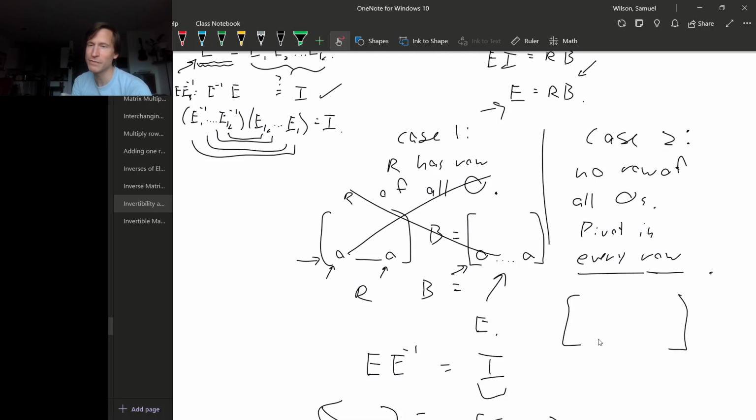If you don't have a row of all zeros, that means every row in R has a non-zero entry. But remember, in reduced row echelon form, the leading entry in a row has to be a 1. And so that means there's a leading 1 in every row. There might not be a leading 1 in every column. You might still have columns with no leading 1, but every row has to have a leading 1.